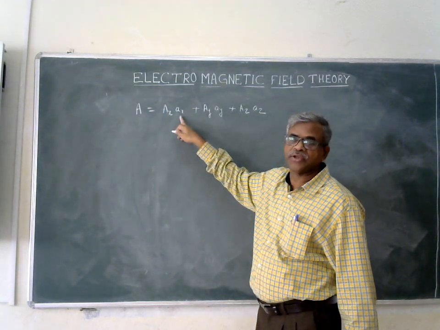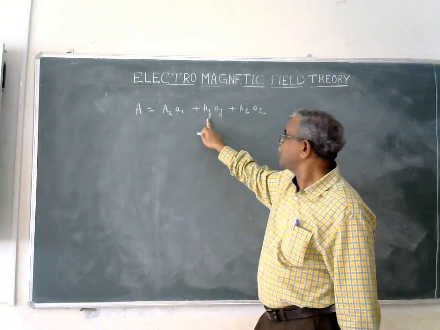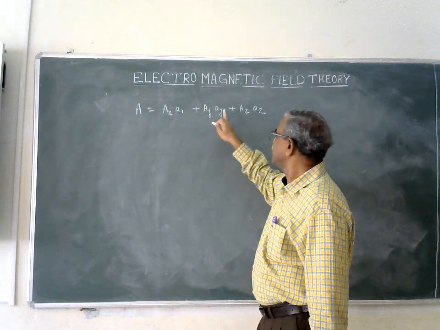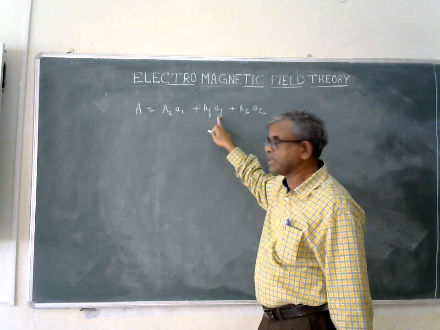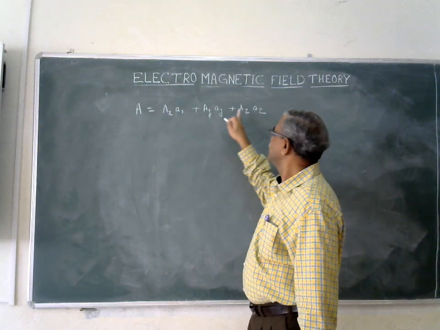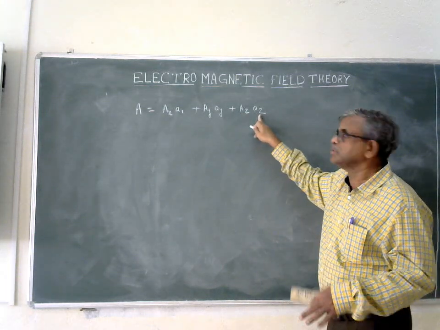Small ax is the unit vector along x-axis. Ay is the component of A vector along y-axis. Small ay is the unit vector along y-axis. Az is the component of A vector along z-axis. Small az is the unit vector along z-axis.